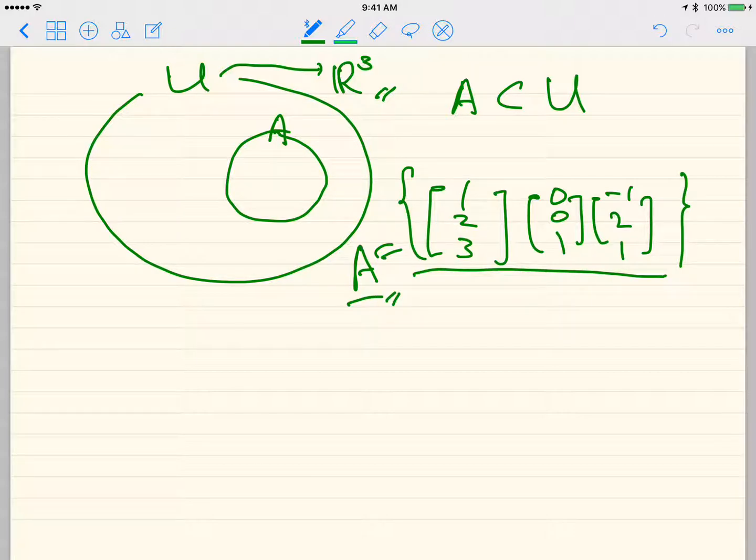Subspace is a more strict concept, okay? So every subspace is just a subset, okay?